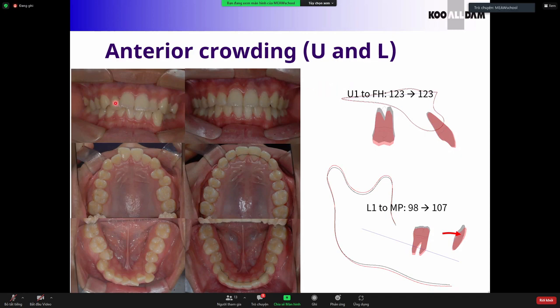If there is an upper anterior crowding, we can resolve this crowding without labial version of the upper incisor. On the other hand, if there is a crowding in the lower arch, it is not easy to resolve this crowding without labial version.